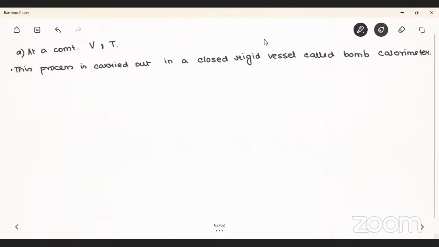In this process, a small amount of substance undergoes combustion.